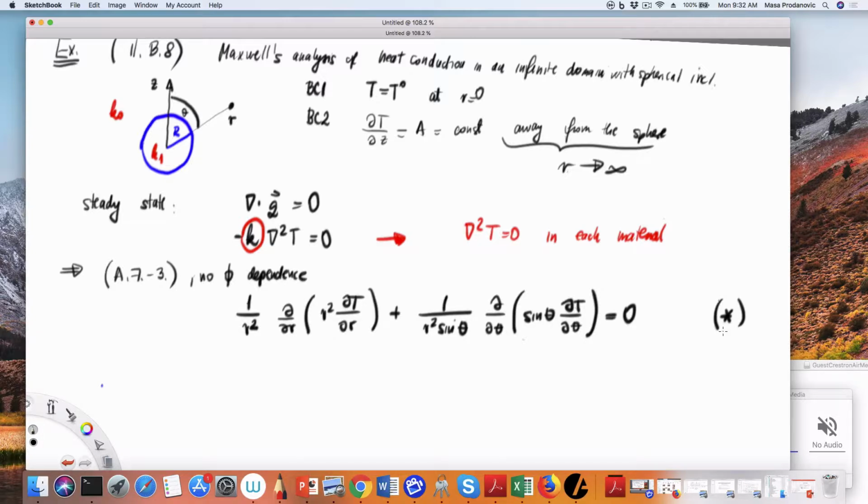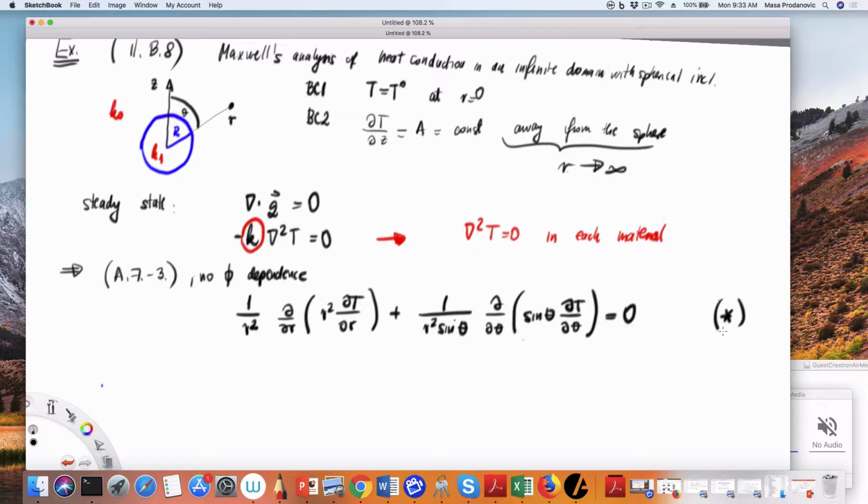Now, is my T a function of r only? Theta only? I kind of have to go around that sphere, right? Because it's not going to be straightforward transport because of the difference in the conductivities.